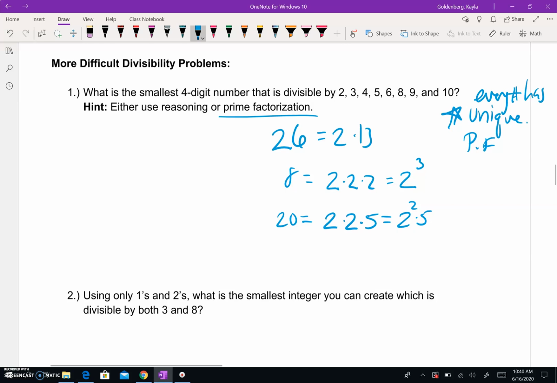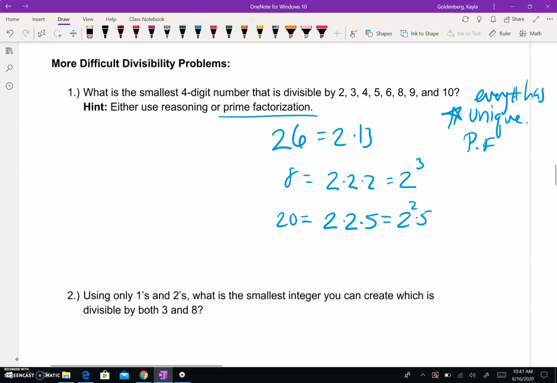If 1 was a part of a prime factorization, I could say, oh, instead I would make it 1 times 2 squared times 5. Or I could do 1 to the 100th power times 2 squared times 5, which would also get you 20. Because multiplying something by 1 doesn't really change anything, we don't consider that prime, because then we wouldn't have a unique prime factorization. So that's what I think of as to why 1 is not part of that.